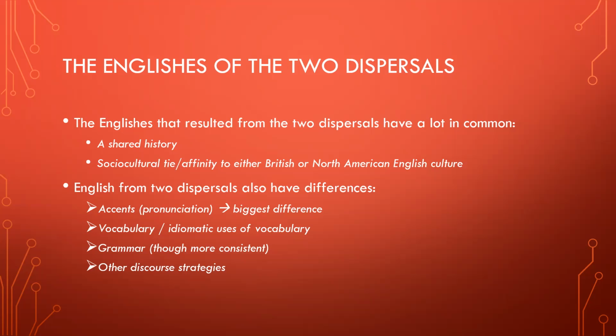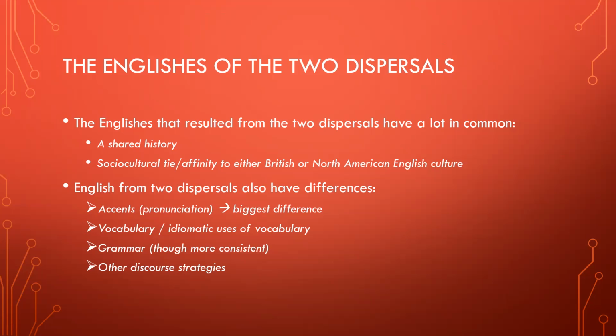English from the two dispersals also have differences. So the Englishes in these two contexts have differences. Perhaps the first one that comes to mind to all of us is accent, pronunciación. And it's the most obvious one and the one that's likely to change a lot.